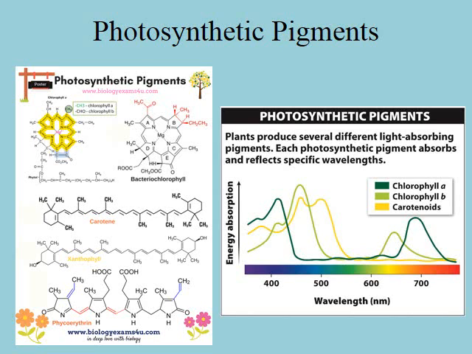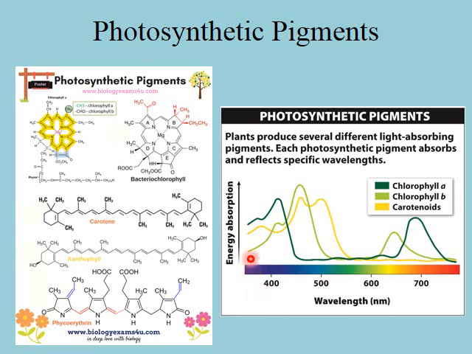So why do these molecules have different colors? Why are there several different molecules that can be found in the same plant on the same thylakoid? Well, the reason that they're different colors is because they are utilizing different wavelengths that are coming off of the sun.